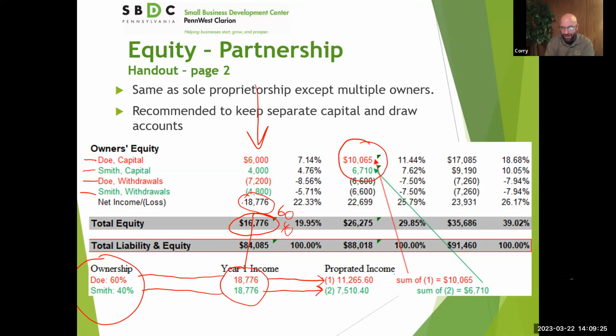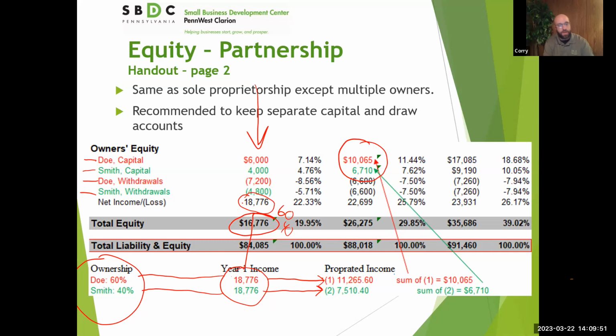I need to bring a calculator with me next time. Yeah, so the 16,776 multiplied by 60% is 10,065 and the 40% is 6,710. Okay, so this is this here, which is going up there, right? Yep, 60% of 16,776 is 10,065, and 40% of that is 6,710.